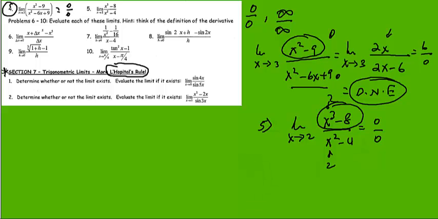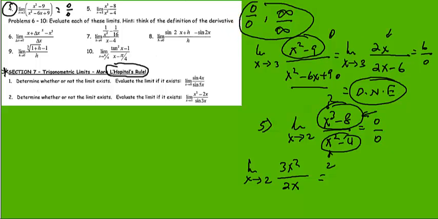Okay, so here it is. Limit as x goes to 2. When I take the derivative of the top, I'm going to get 3x squared, and then the derivative of the bottom is going to give me 2x. Then I'm going to plug in. Now, if I get 0 over 0, I can keep doing L'Hopital's rule over and over again until I don't get 0 over 0 or infinity over infinity.